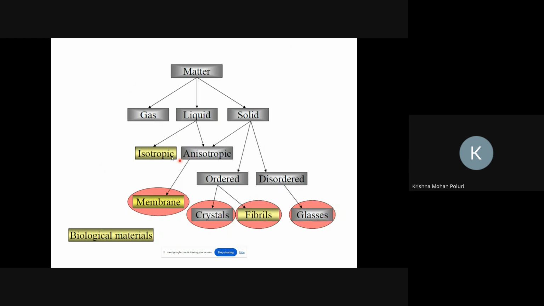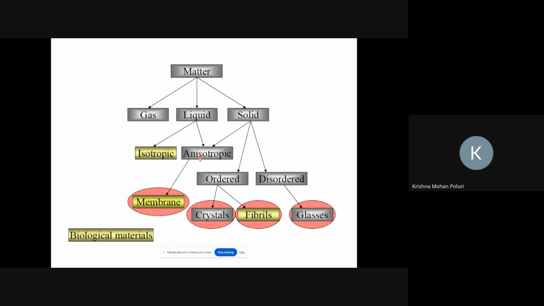If we consider biological material, it is like gas, liquid, solid, and so on. In principle we can do NMR spectroscopy for all of them. We don't do it for gas, the reason being we may not get enough concentration of the spins present, but very often we do it with liquid and solid.